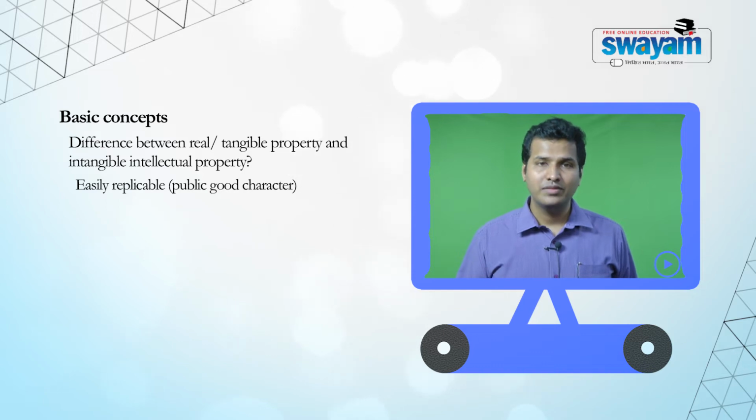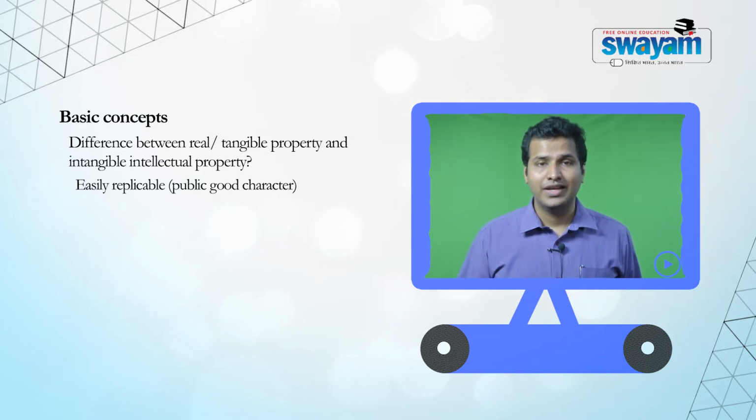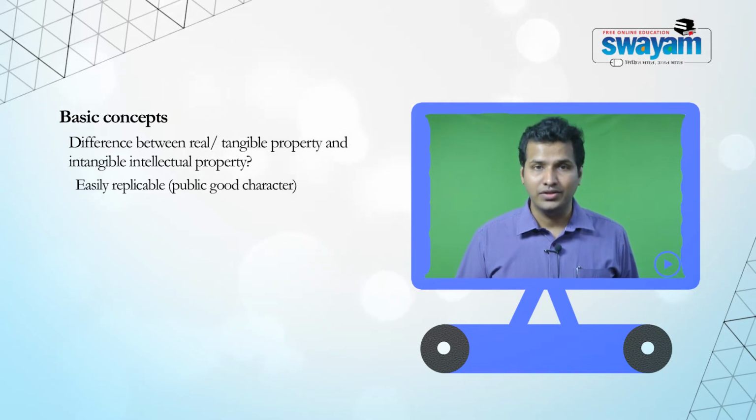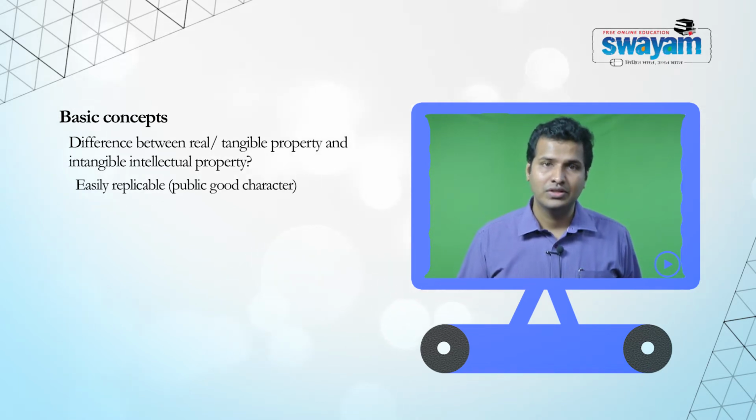We will discuss more of these public good characteristics in our class on economics of intellectual property, but suffice it to mention here that public good has two important characteristics of non-rivalry and non-excludability. Unlike in case of land and chattels, consumption of knowledge by so many people at one point of time does not diminish the possibility of each other to consume the same piece of knowledge.